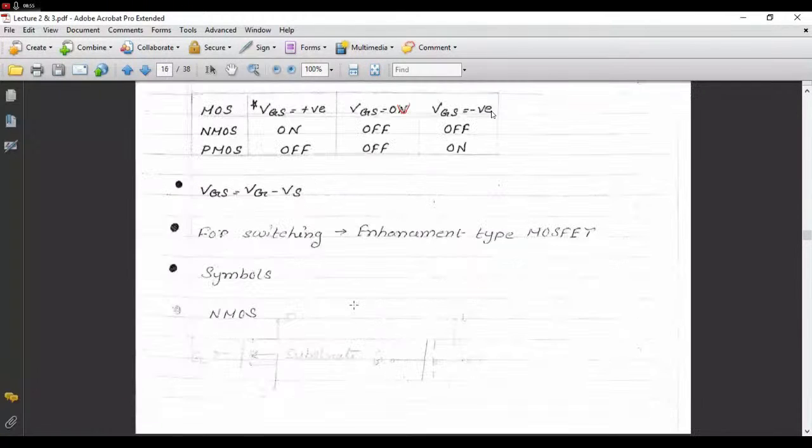So for symbols, when we come across this N-type MOSFET or P-type MOSFET in our theory books, they have several symbols to determine it.